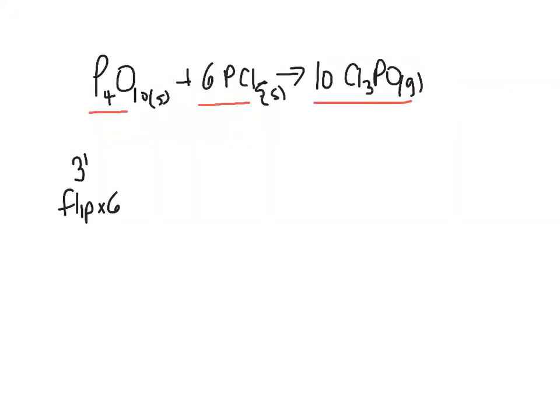We're going to take number 3, we're going to flip it and multiply it by 6. So we have 6PCl5 arrow 6PCl3 plus 6Cl2.